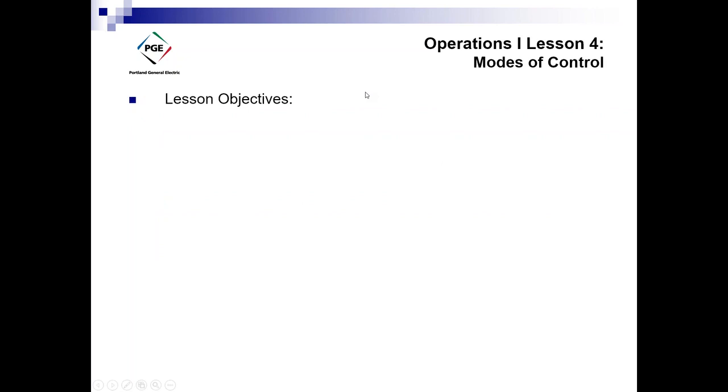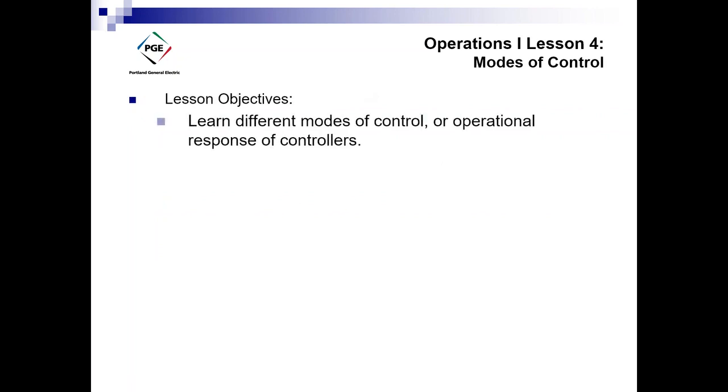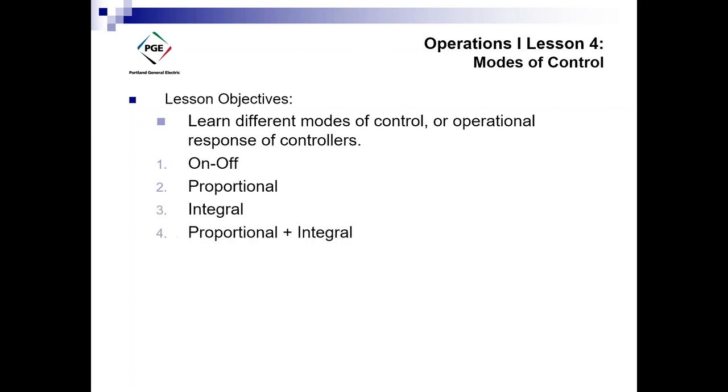So the lesson objectives, here's what we're going to cover. We're going to learn the different modes of control, and there are just a few set modes, which are consistent across the industry. There's on-off, the simplest. Either there's an error and then it's gone, there's an error then it's gone. Proportional, integral, and then you have proportional integral, which gives you the best of both.